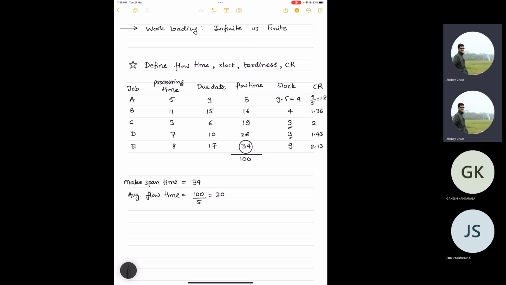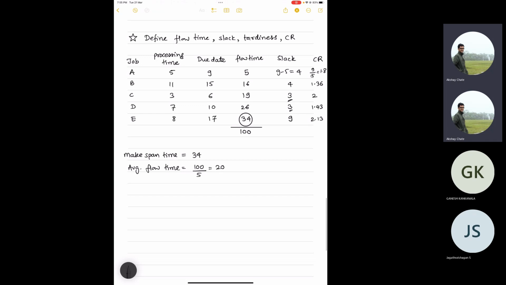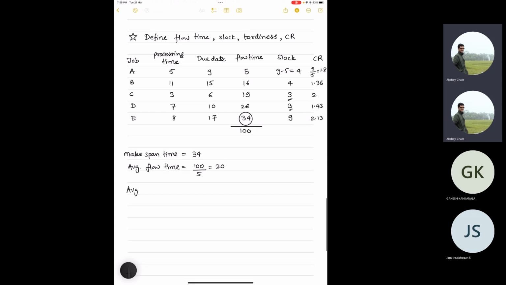You have average flow time, which is calculated by total flow time divided by number of jobs. Then there is something called average number of jobs. This question is very frequently asked in the GATE exam, so I'll just tell you. The formula is total flow time divided by makespan time.